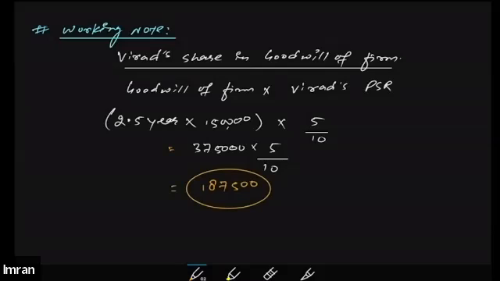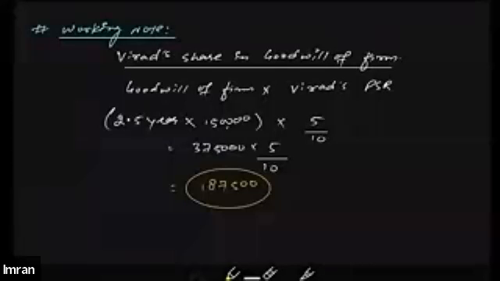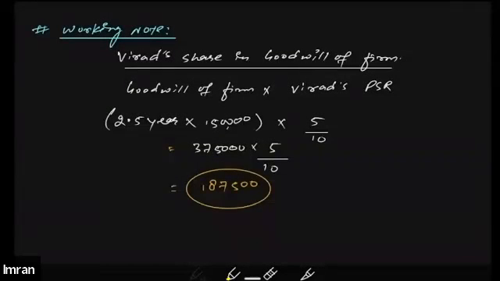Yeah, sure. It says that we need to calculate the goodwill of the firm based on two and a half years' purchase. Average profit is given in the question as 1,50,000, and we need to calculate the goodwill of the firm by multiplying it by the number of years' purchase, which is given as 2.5 years. 1,50,000 into 2.5, we will get 3,75,000, and then we will multiply it with Virat's profit sharing ratio so that we can get Virat's share in the total goodwill of the firm.